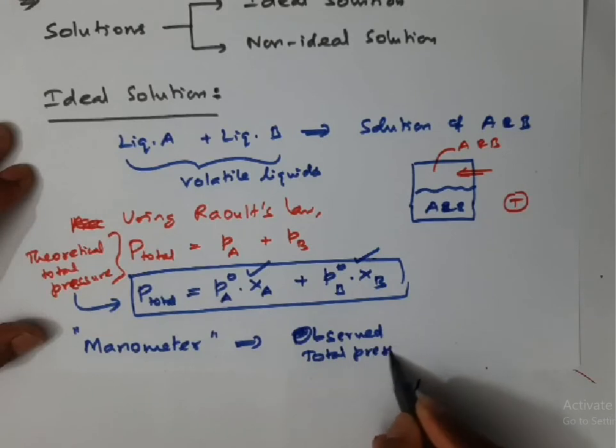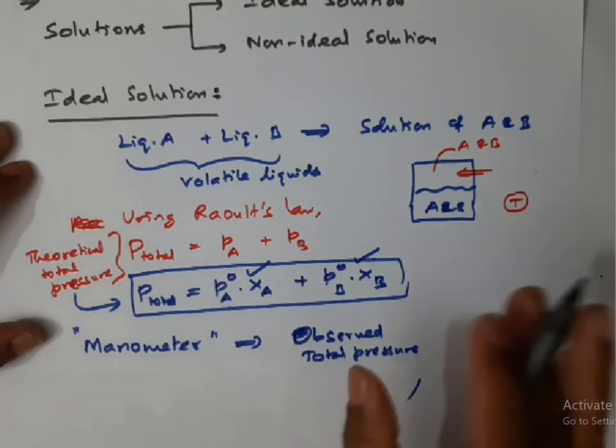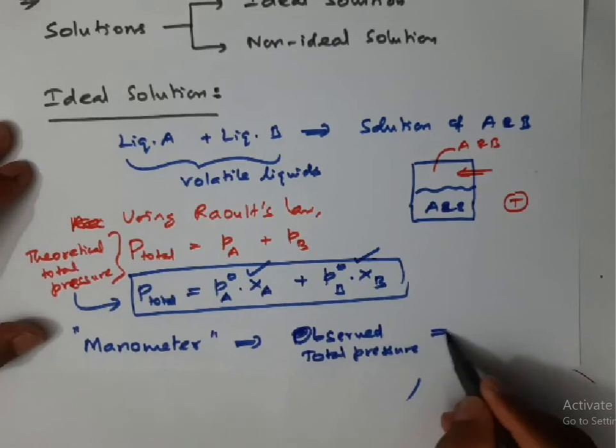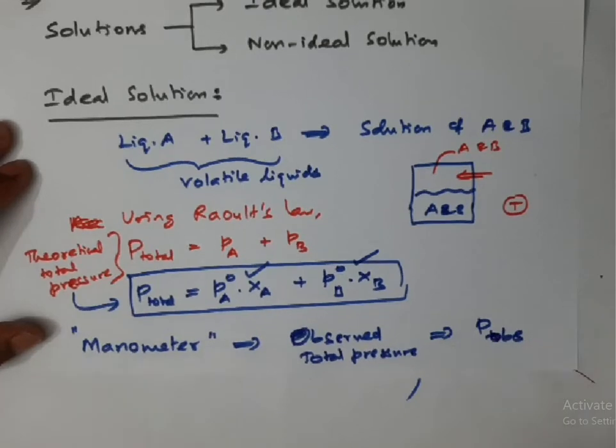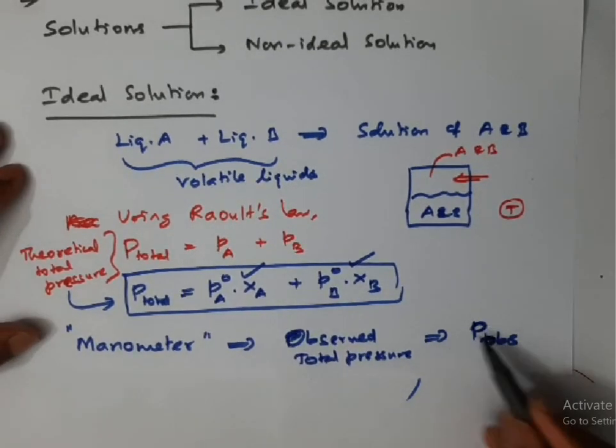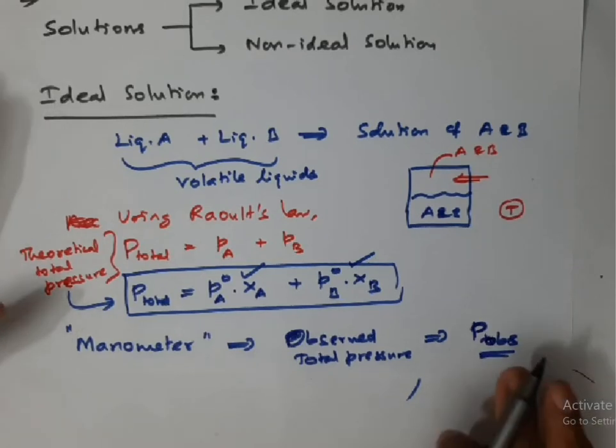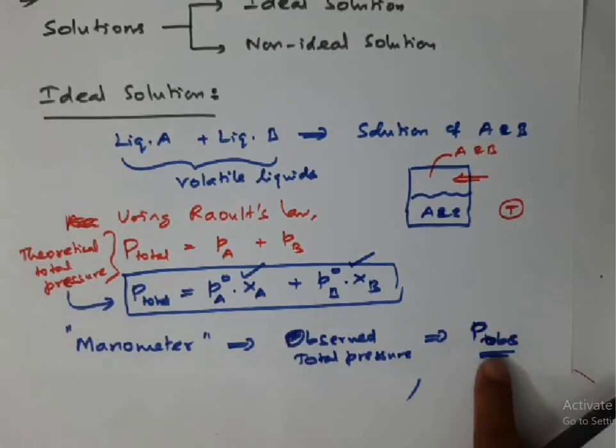Observed total pressure means pressure measured through experiment. Let me use that as P observed. So P observed is the experimentally determined total vapor pressure.